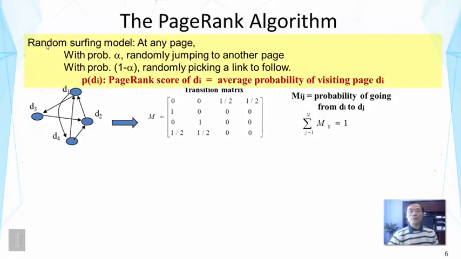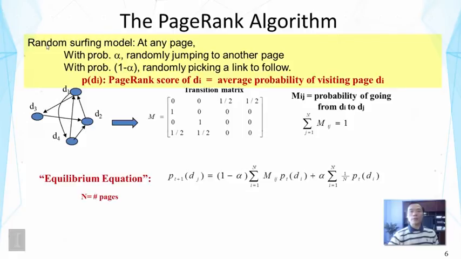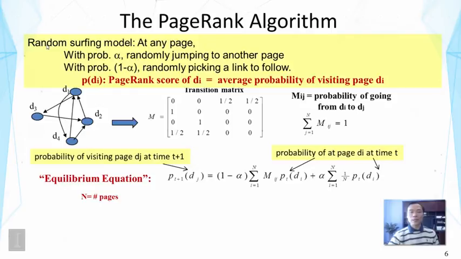Now, how can we compute the probability of a surfer visiting a page? Well, if you look at the surfing model, then basically we can compute the probability of reaching a page as follows. Here on the left hand side, you see it's the probability of visiting page Dj at time t+1, so it's the next time point.